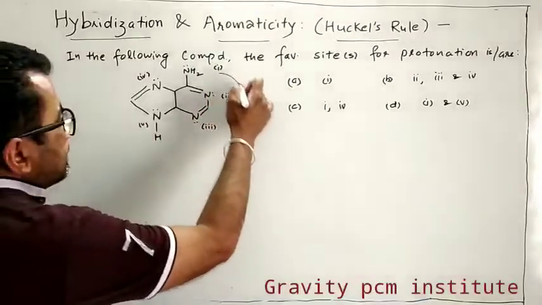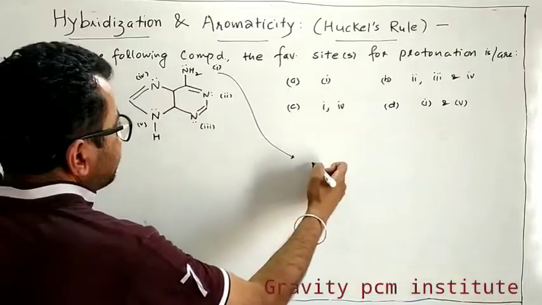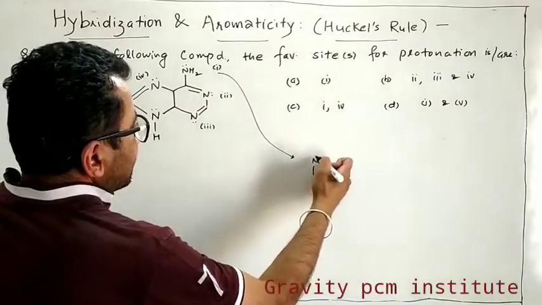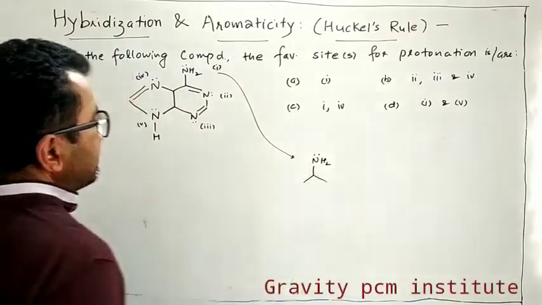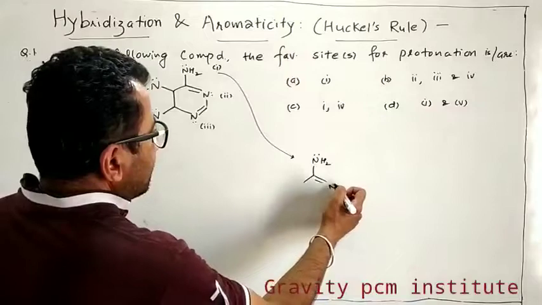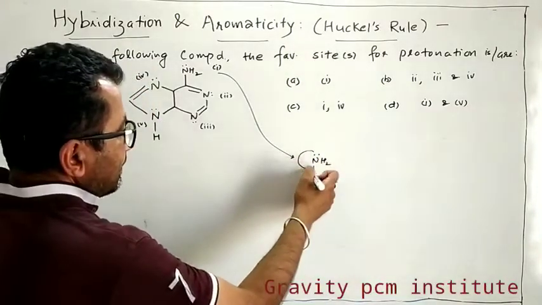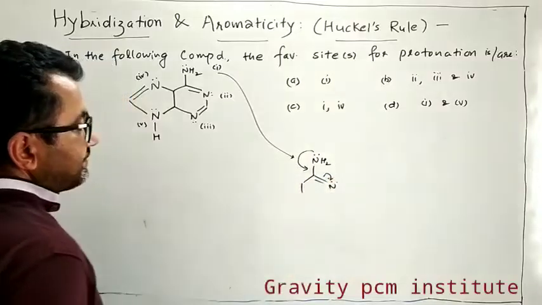So come to the first. Here the nitrogen has a lone pair like this, and here is a benzene ring. So this lone pair of electrons is involved in resonance because it undergoes resonance like this.